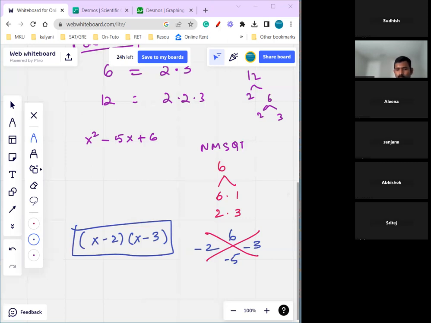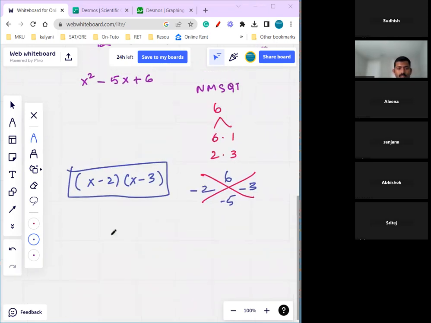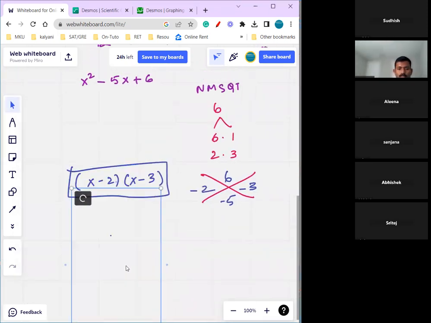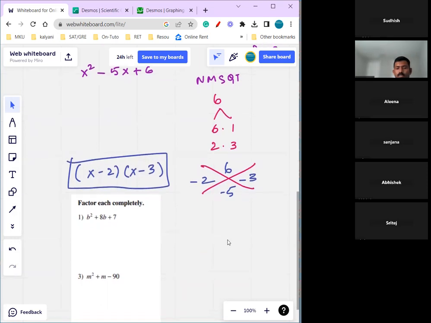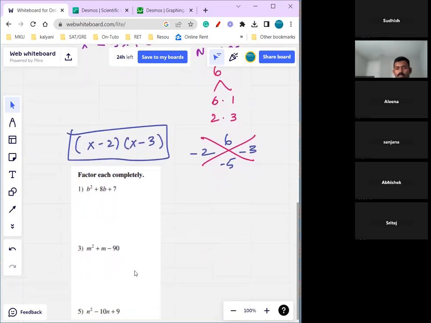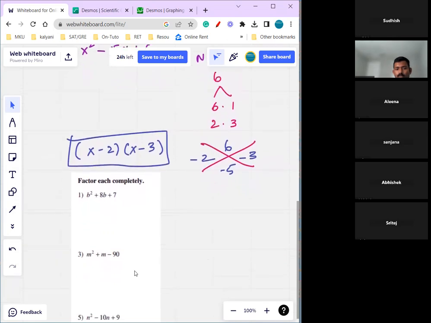Let's try factoring with the simple ones. I want everybody to practice this, because the more good practice you get, the easier it is for you. I'll leave that example there, and I'm going to put this one here. Let's try them, and if you struggle, ask me, I'll help you. But if you feel good, just go factor these 3 questions.